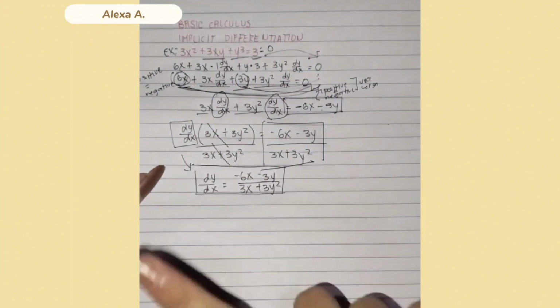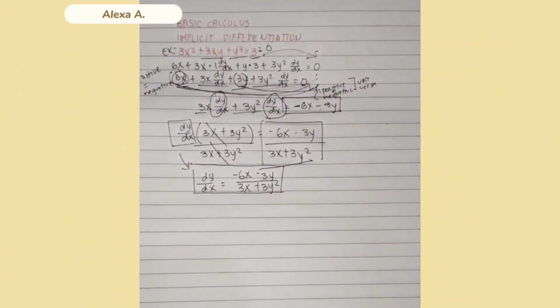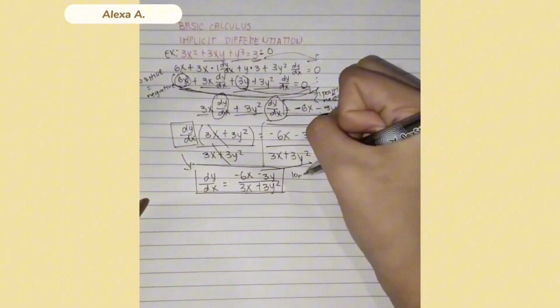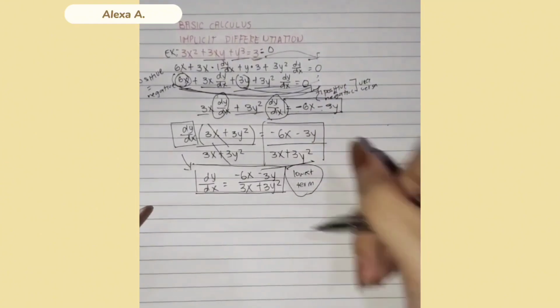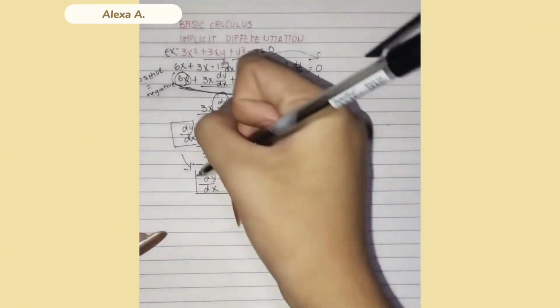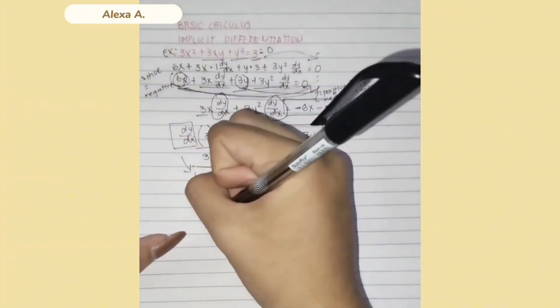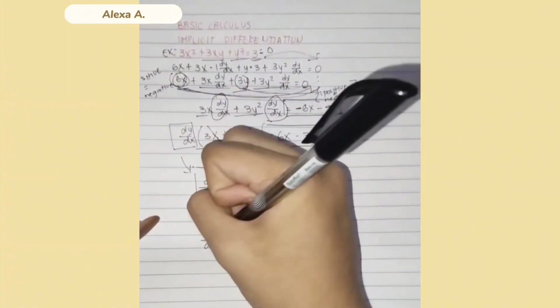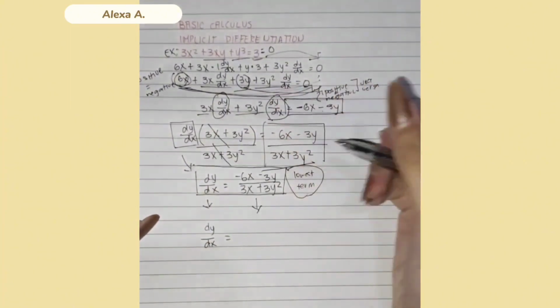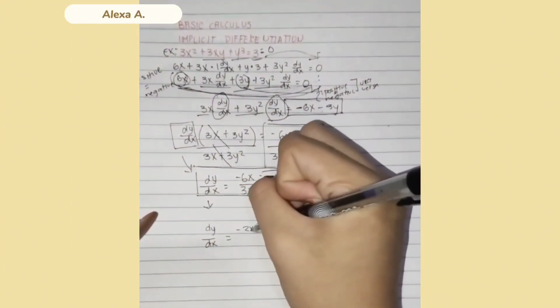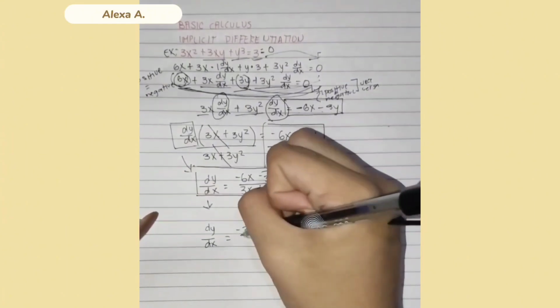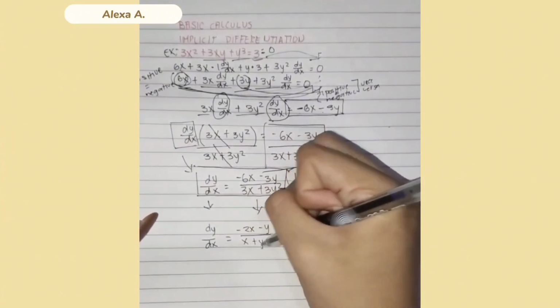Oops, we are not done yet because we can reduce to lowest terms. Let's copy this, dy over dx equal to negative 2x negative y over x plus y squared.